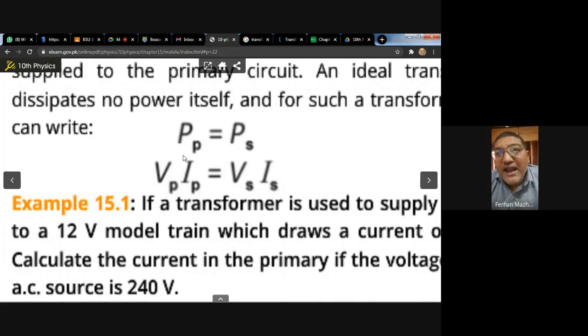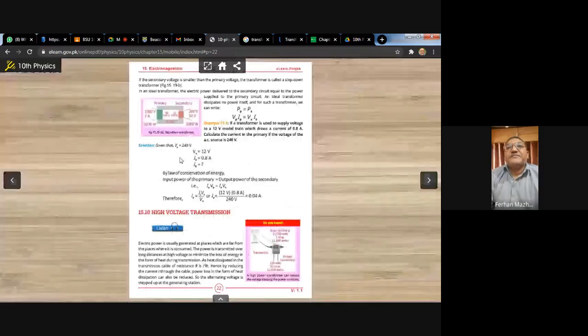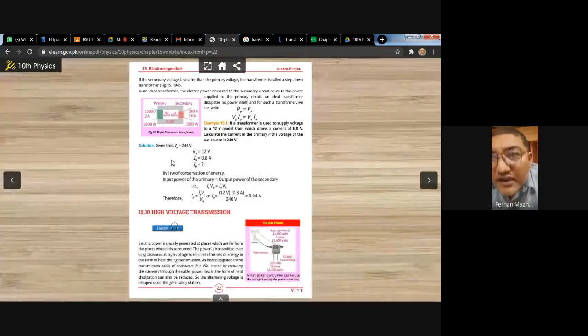Now, here we have an example given to us. If a transformer is used to supply voltage to a 12-volt model train which draws a current of 0.8 ampere, calculate the current in the primary if the voltage of the alternating source is 240 volt.